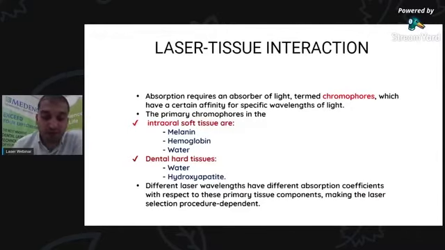A simple note: dental hard tissue lasers work best with water and hydroxyapatite. Every single cell in our body contains water. That makes the dental hard tissue laser work for soft tissue and hard tissue. And this is one note to understand. But our diode laser works for the soft tissue.